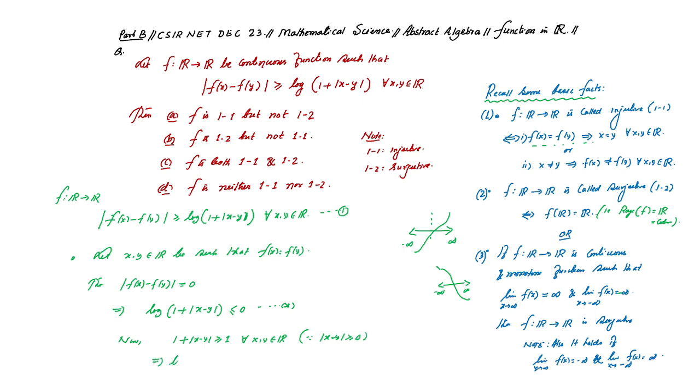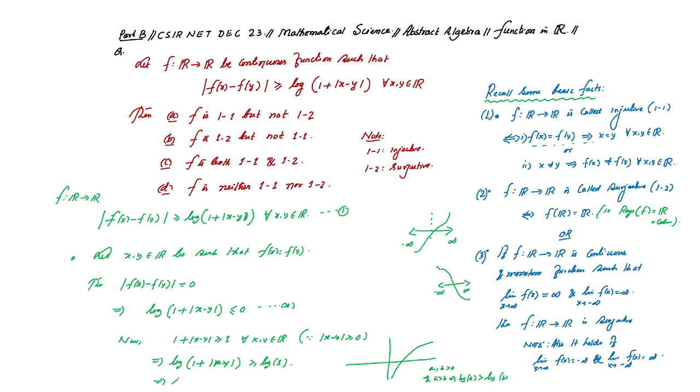And in that case, we can apply the logarithm: logarithm of 1 plus mod of x minus y is greater than or equal to logarithm of 1, because log is also an injective function. So if a and b are positive numbers and a is greater than or equal to b, that implies logarithm of a is greater than or equal to logarithm of b.